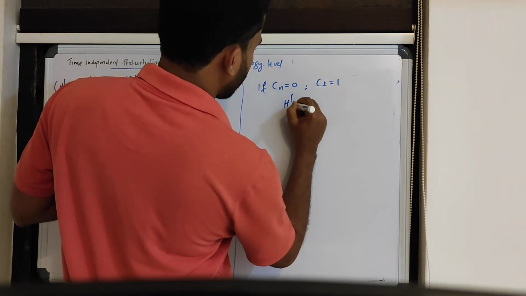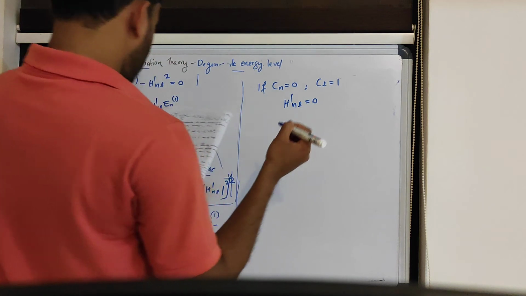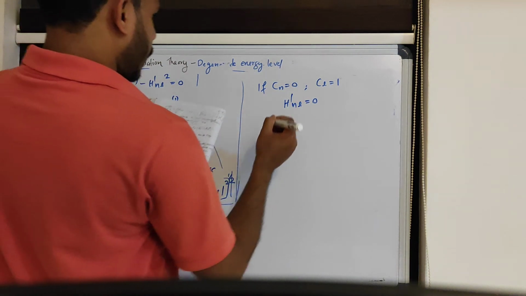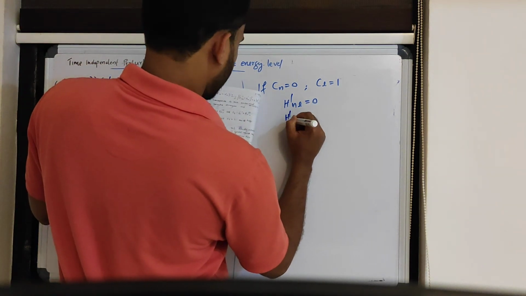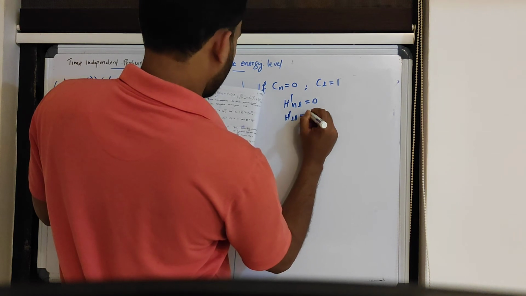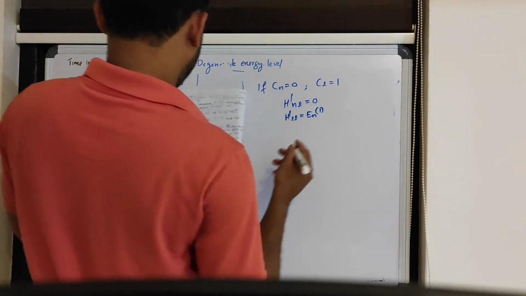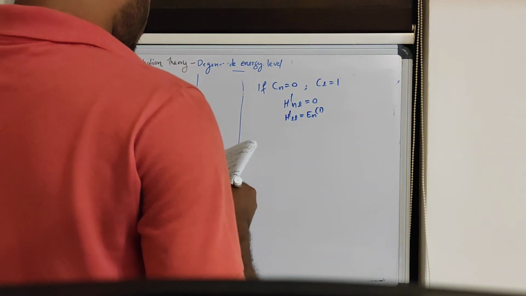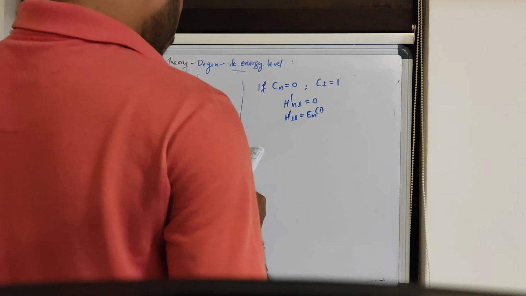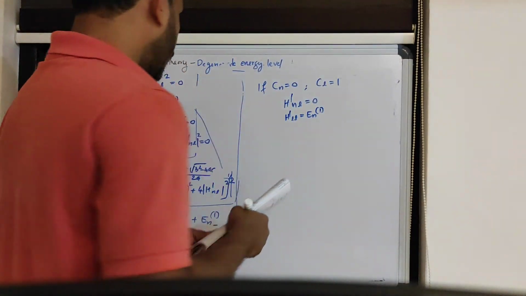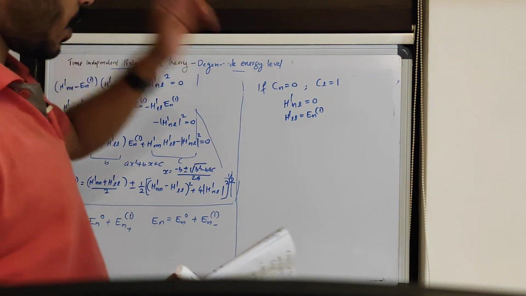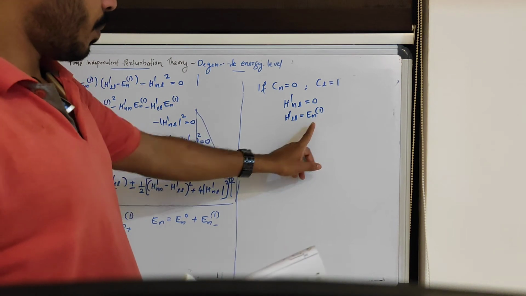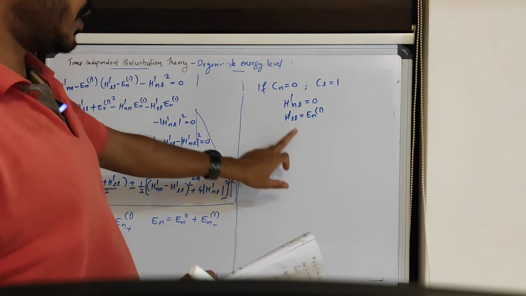Equation 3 becomes H prime NL is equal to 0, or H prime LL equal to En1. So this should be included in the general result with the minus sign. So H prime LL is equal to En1, which means the unperturbed energy state.